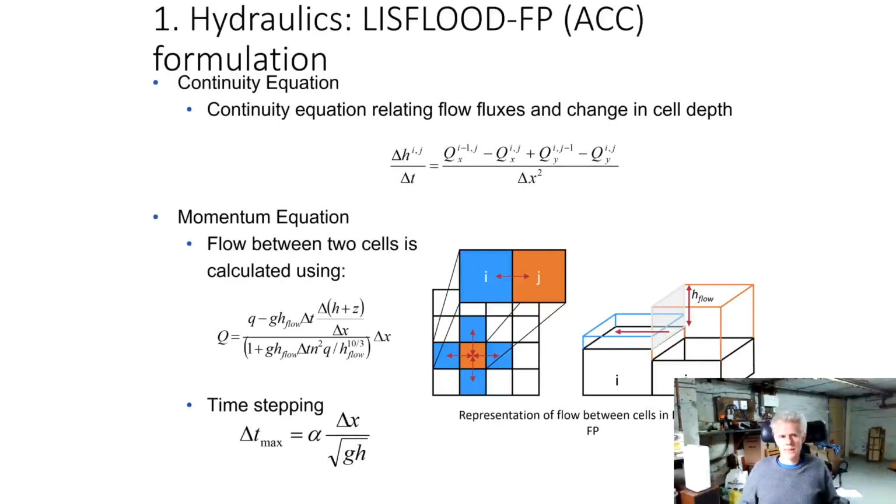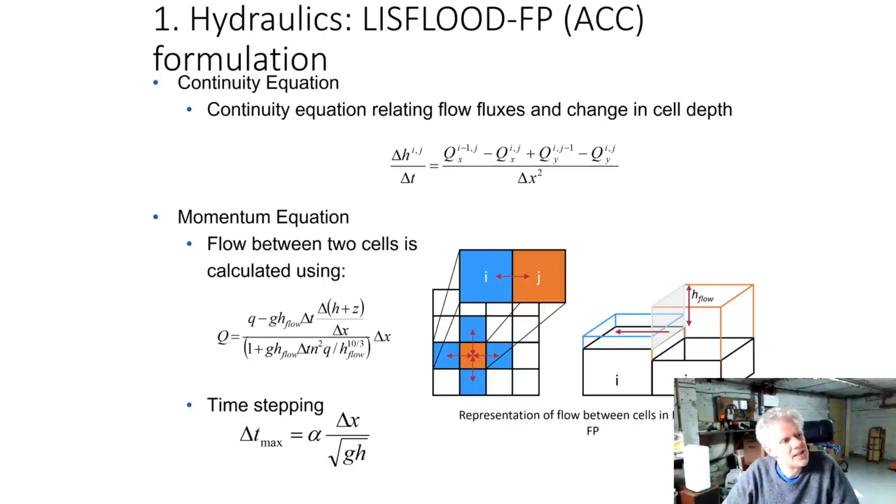So the hydraulics are now based on the Lisflood FP formulation, which follows this set of equations here, has a basic representation of momentum using flow from the previous iteration.